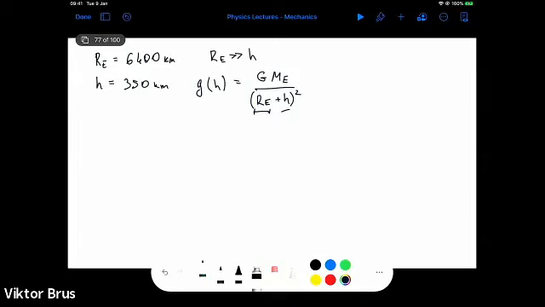surface. However, astronauts on the International Space Station experience permanent free fall. They just don't reach the surface of the Earth because of their high velocity, high speed, and also their high location above the surface of the Earth.